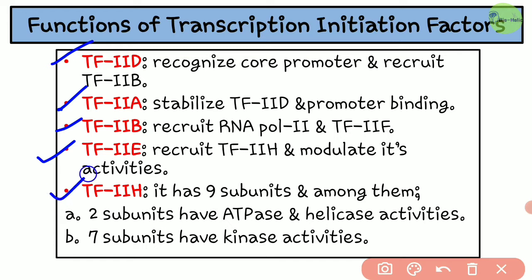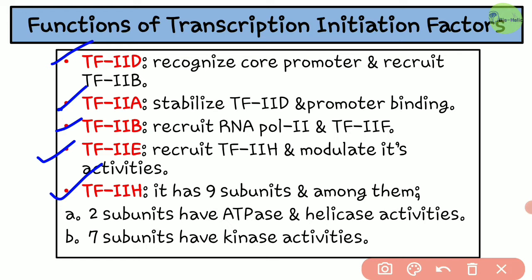Now the most important, TFIIH, has mainly 9 subunits, and among them 2 subunits have ATPase and helicase activities. By this, it can use the energy from hydrolysis of ATP to separate the strands of duplex template DNA at the start site, allowing the polymerase to initiate transcription.